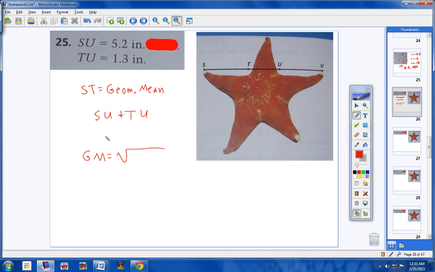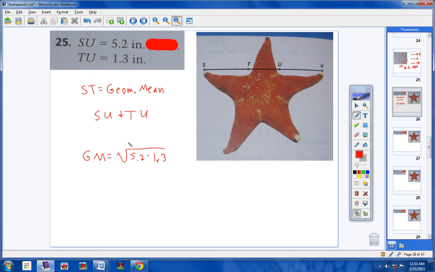Okay, so SU is 5.2 times TU is 1.3. So it becomes a calculator problem, students. If I take 5.2 times 1.3, and hit enter, and then take the square root of that.